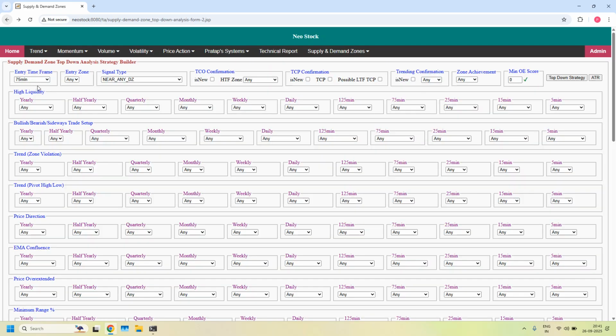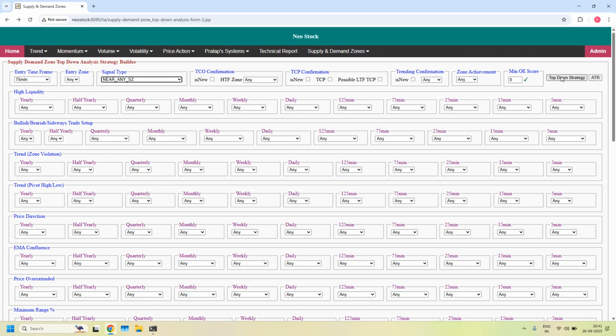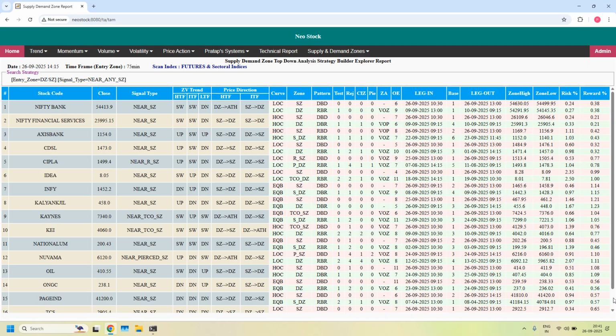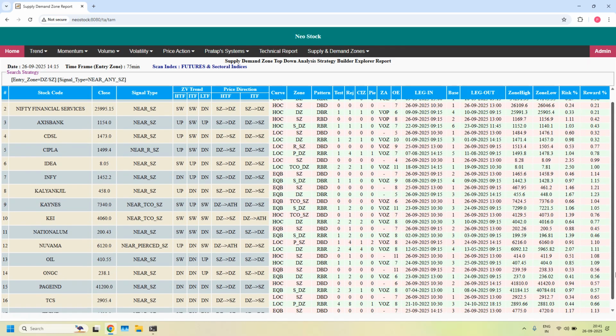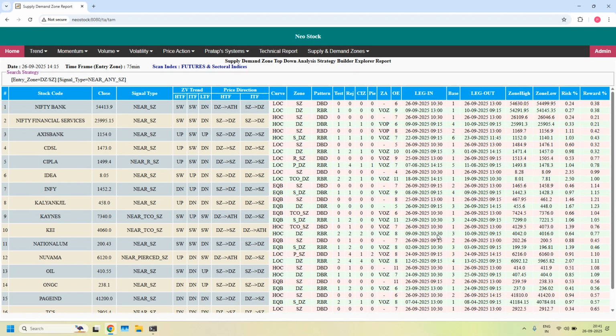Okay, next for 75 minutes time frame, stocks near to the 75 minute supply zone. We got 17 stocks. Let us identify 75 minutes high liquidity supply zones from this list.